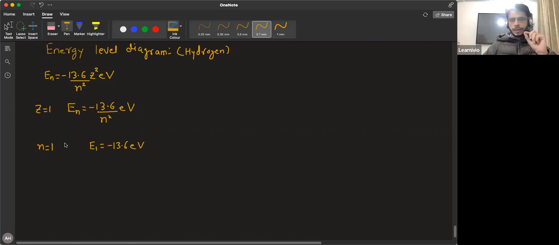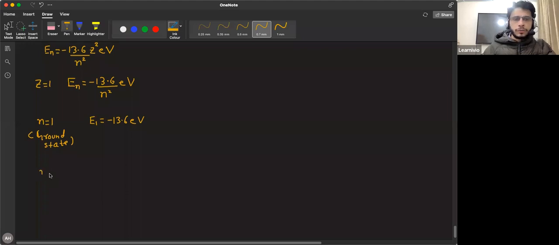This is the energy of the electron in the first orbit of hydrogen. You can call it the K shell, or you can call it the ground state.